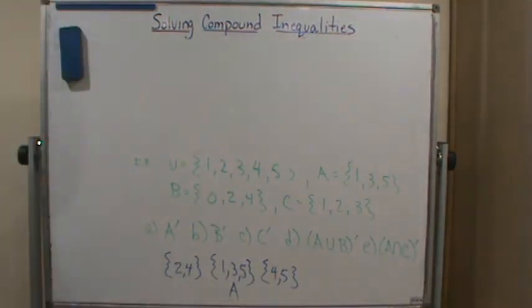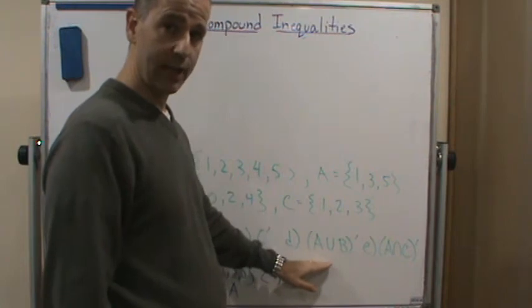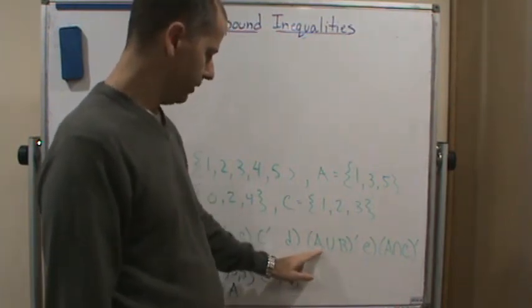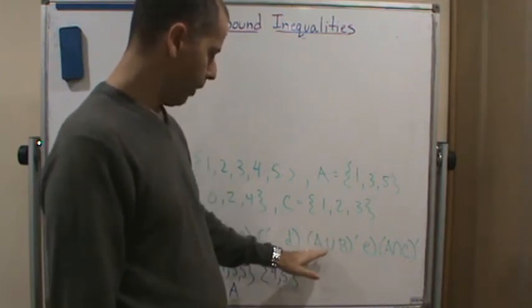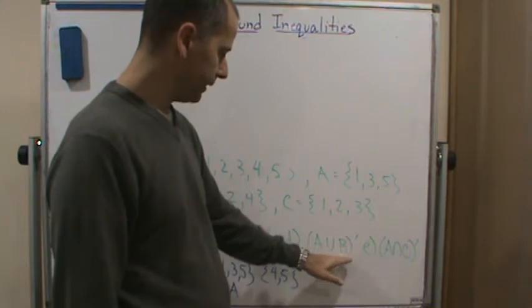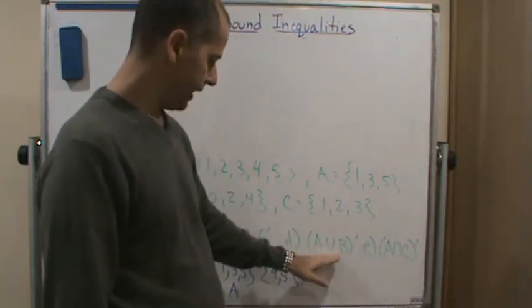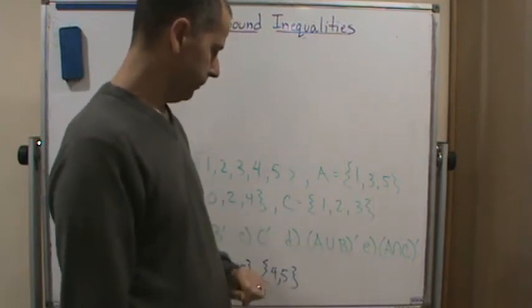What does this say? You have to make sure you understand what this says. It's taking the union of A and B, and parenthetically, I want the complement of that union. So this is saying I want the complement of the union of A and B.